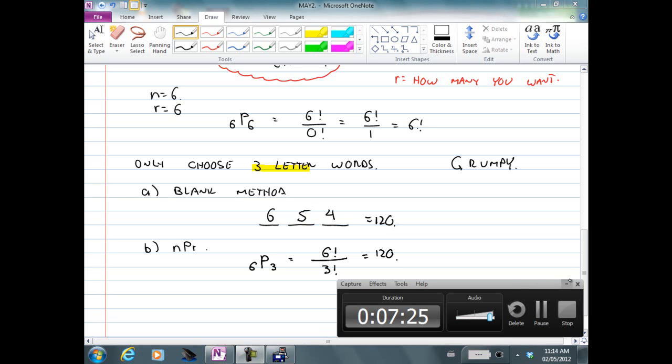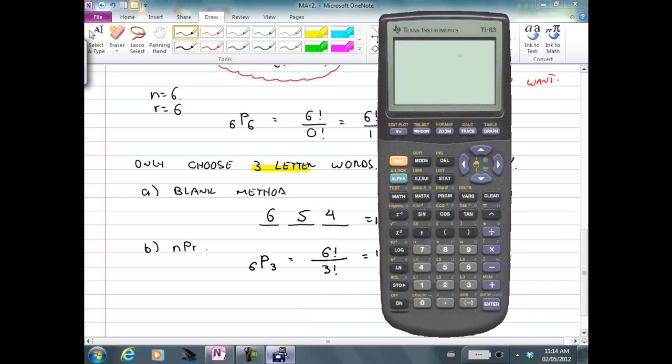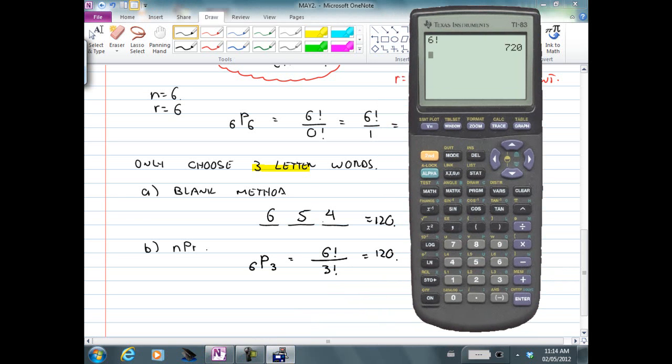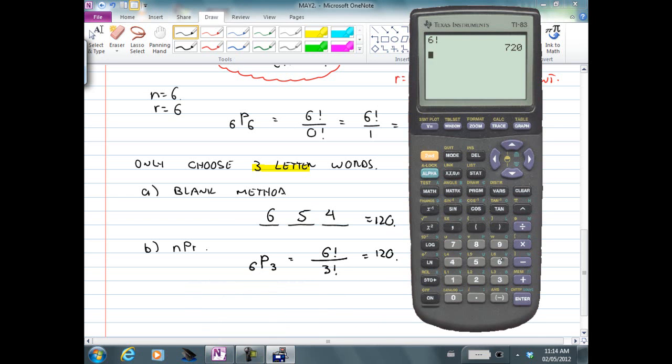Now, if you have a TI-83 calculator, there's a shortcut on how to use NPR on your calculator. Grab your TI-83 right now, please. I'm going to show you how to punch in 6P3 in your calculator without going through the heavy calculation. So we have 6. Hit in 6 right now. Every calculator is different.